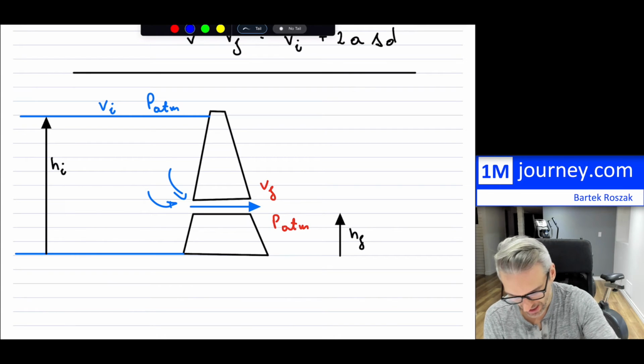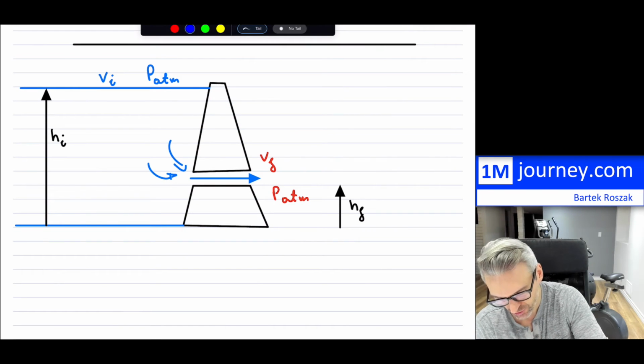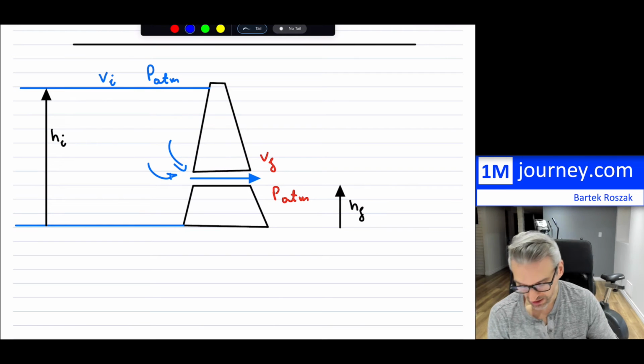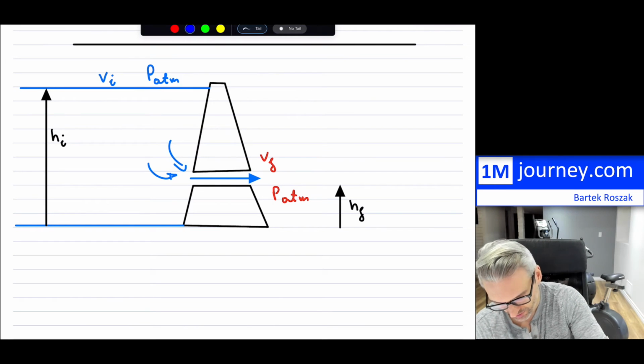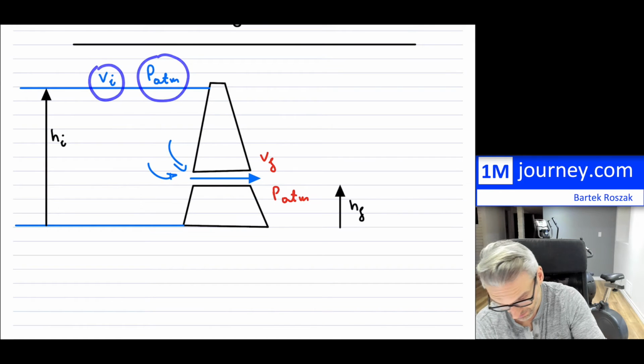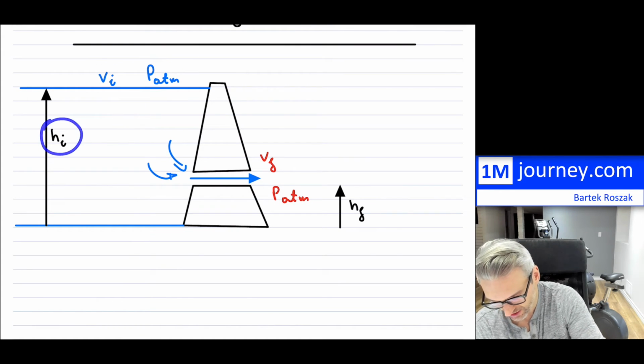Now let's take a look at what will actually happen if we relate it back to Bernoulli's equation. We have a pressure, we have a particular speed, it might be 0, and then we have this at a certain height.